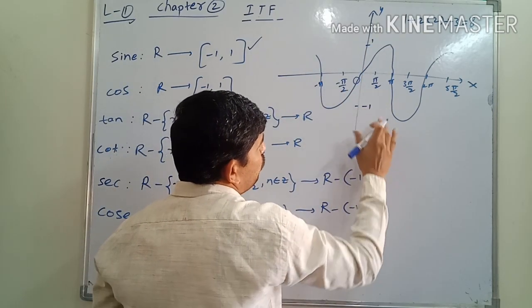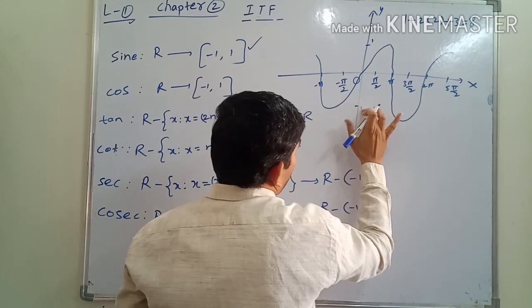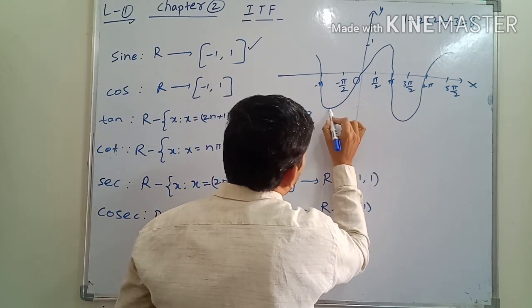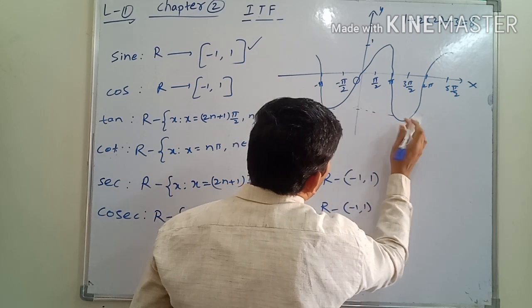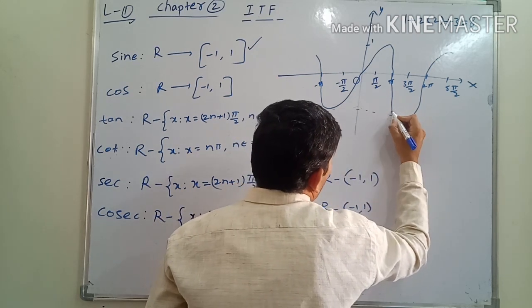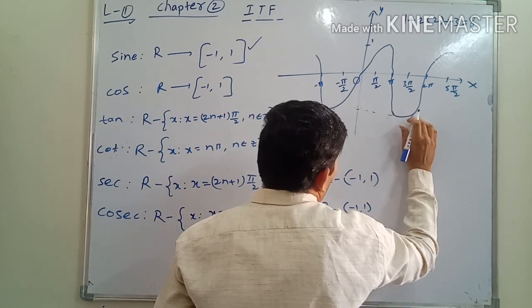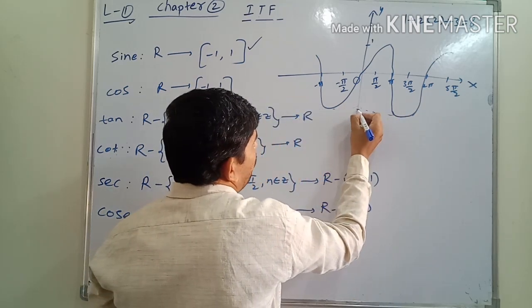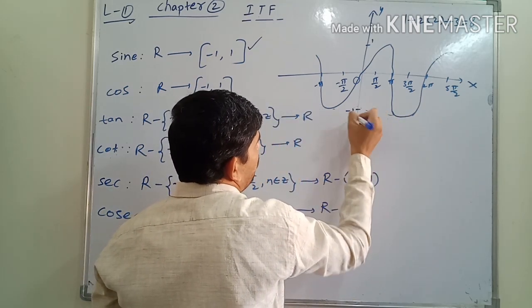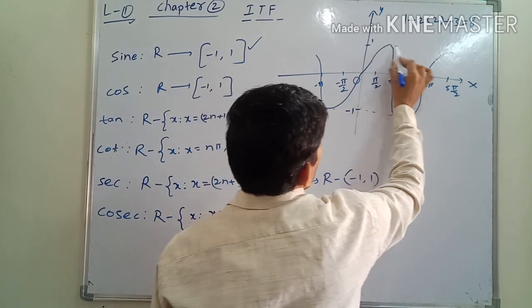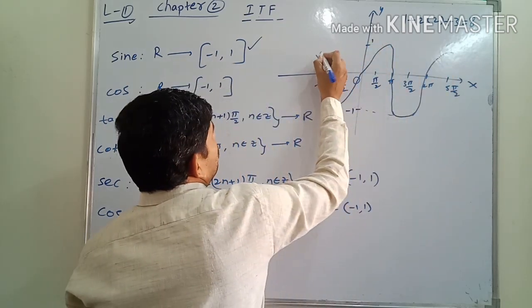Again minus 1, like this. Actually, see, I will rub this. Wait, this should be equal. Yes. So this is the rough graph, that's why I am taking it here. So minus 1. This is actually minus 1. Next we will see like this also. Yes, it is the correct one.